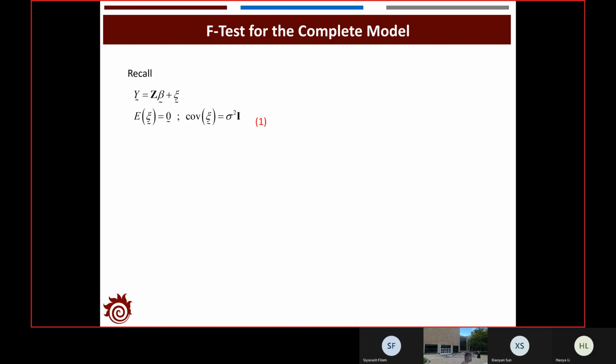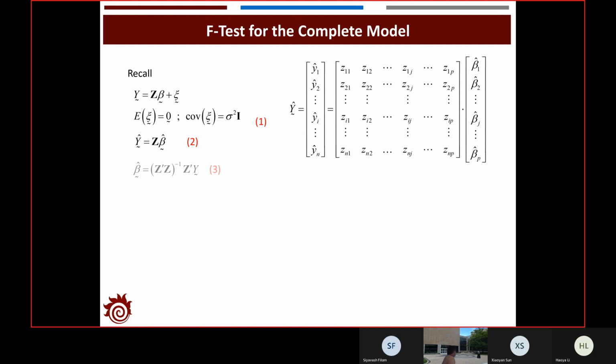Here we recall the features we derived previously: the definitions and assumptions of the linear regression model, the method to estimate the observed trips, and the estimation of the parameter coefficients.